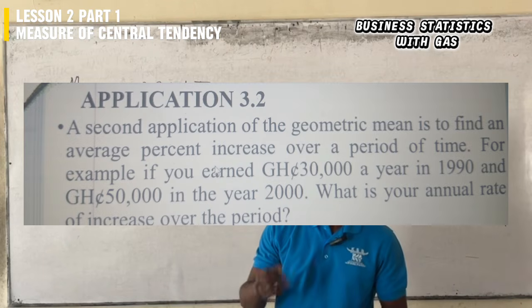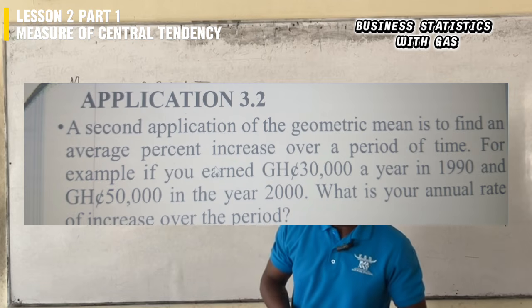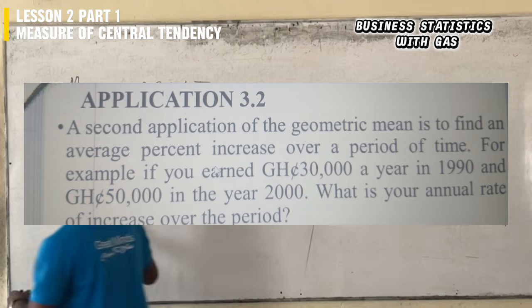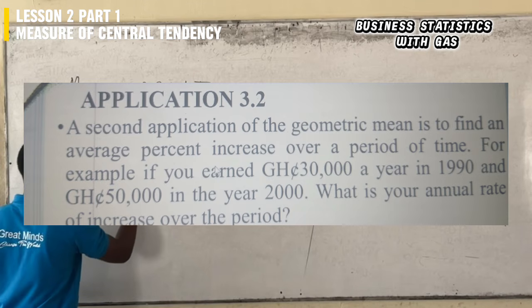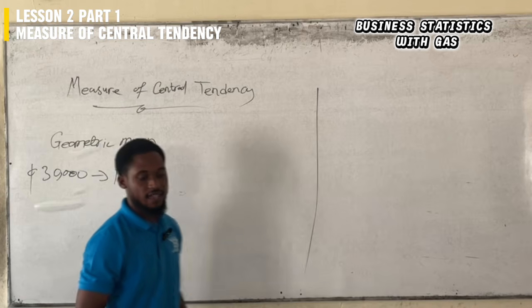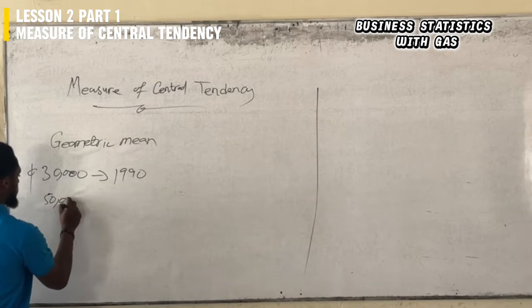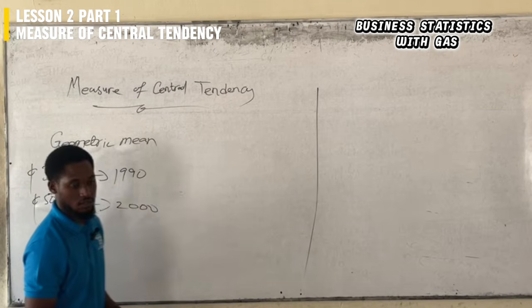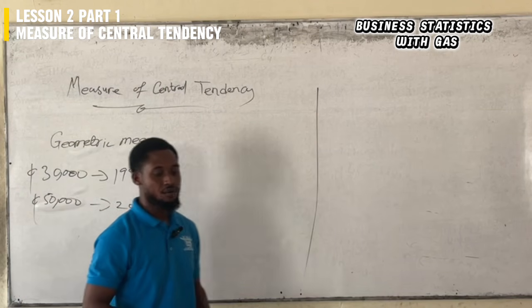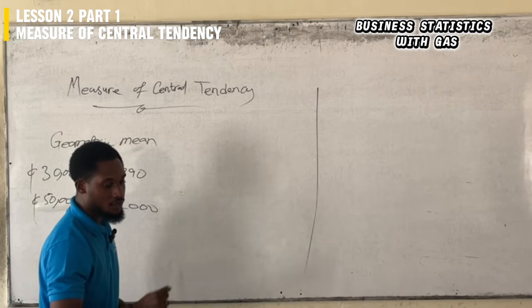It says if you earned 30,000 a year in 1990, so 30,000 Ghana cedis in 1990 and 50,000 in 2000, what is your annual rate of increase over the period?